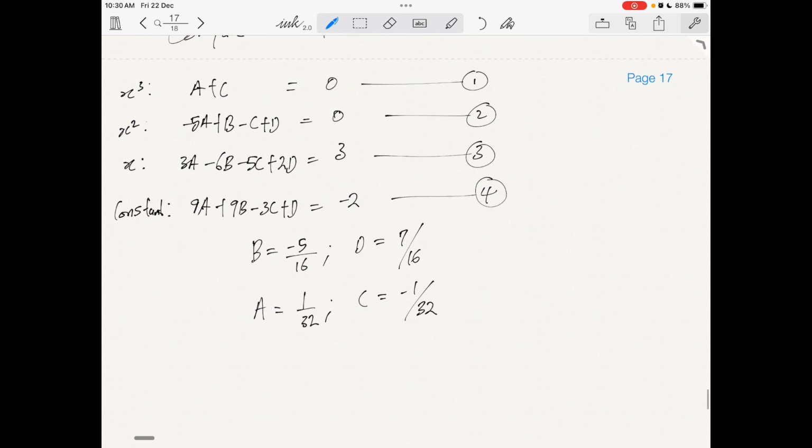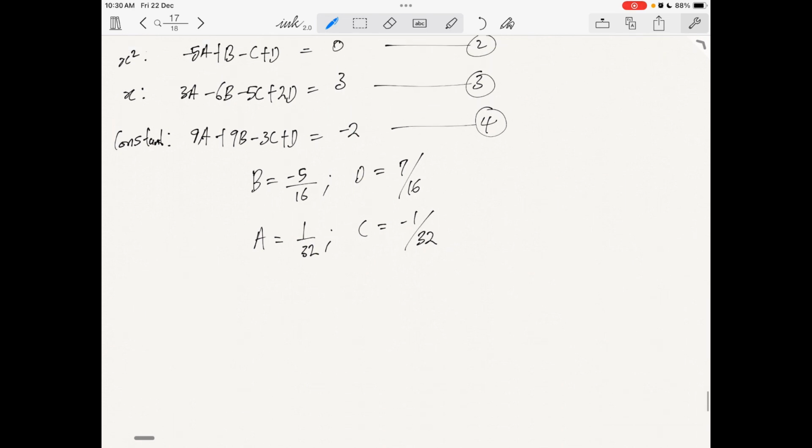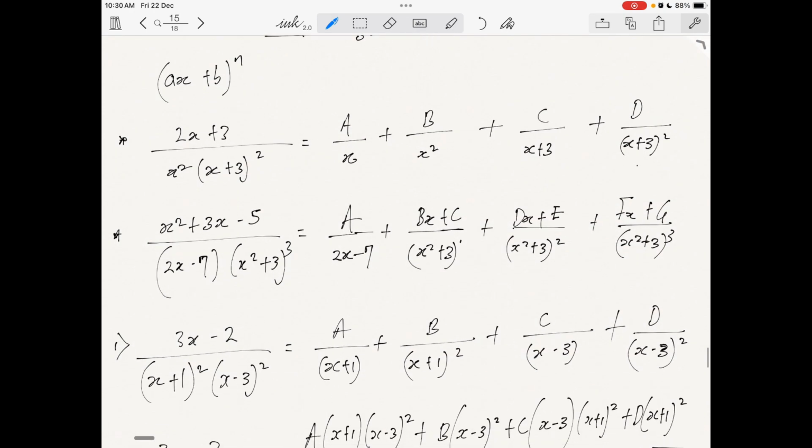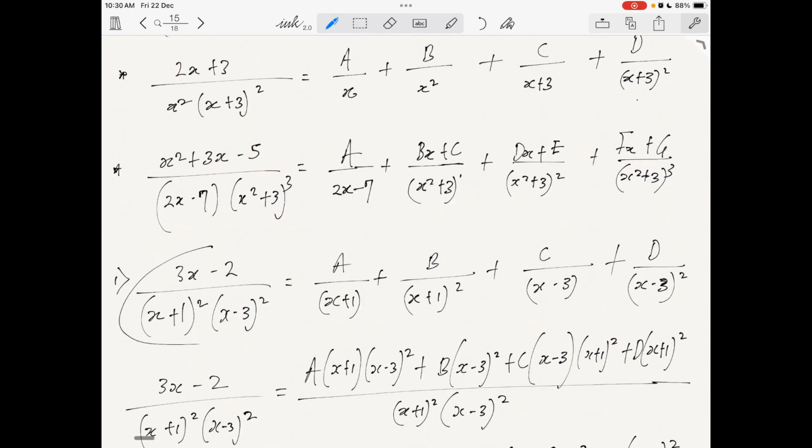Okay, so with respect to this now, we will go back like we have done before. We will go back to the beginning where we split our terms. Okay, this was where we were.